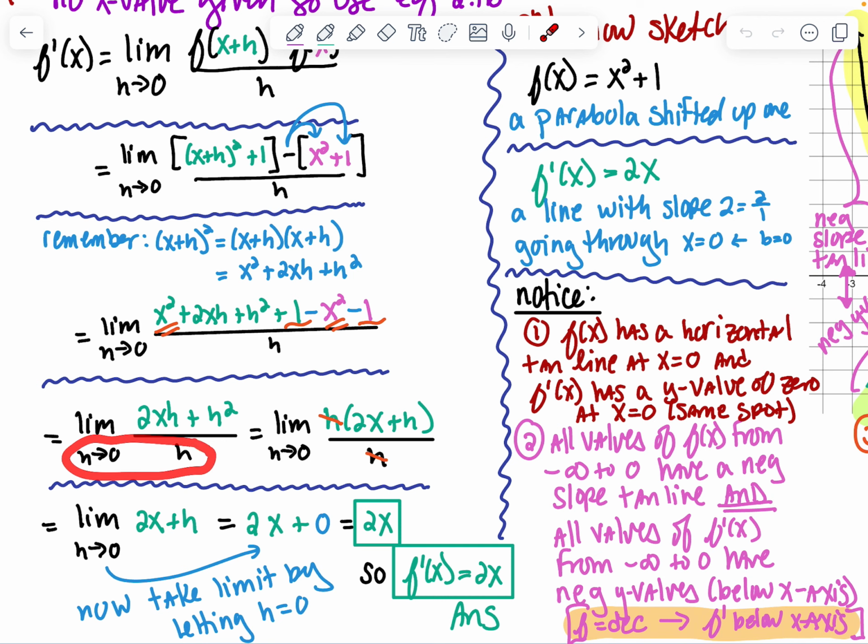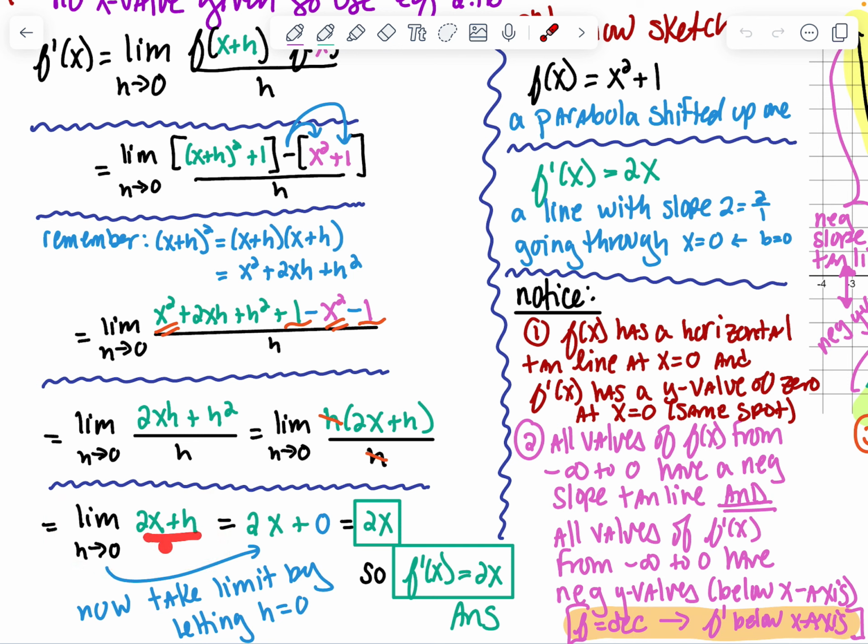I still can't plug h equals 0 because I'll get a zero denominator, but now, since I have terms with h's in every term on the top, I can factor that h out, divide this one out to just leave me the 2x, divide this one out to leave me one of the two h's, so that I can cancel those h's, and now I can write an equation where I have limit as h goes to 0, and I do not have an h in the denominator.